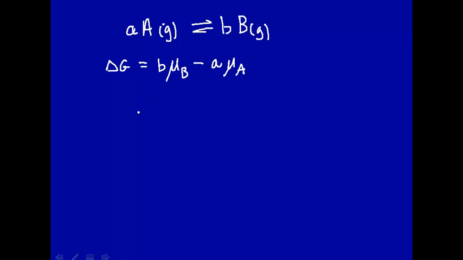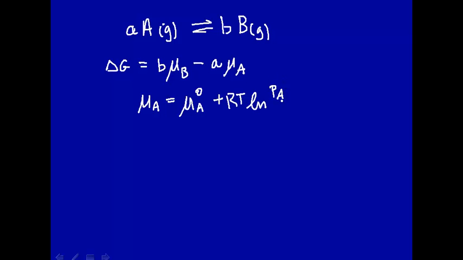We also know from our previous discussion that mu A, the chemical potential of A, will be the chemical potential of A at some standard state, and since this is a gas phase reaction, the conventional standard state will be 1 bar, plus RT times the natural log of the pressure of gas A over the reference pressure.